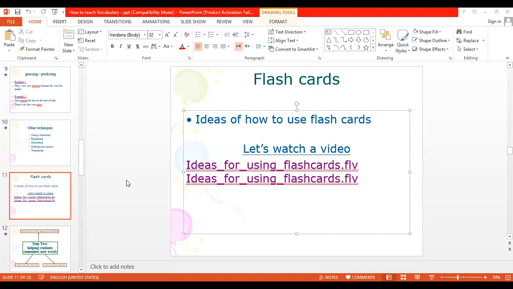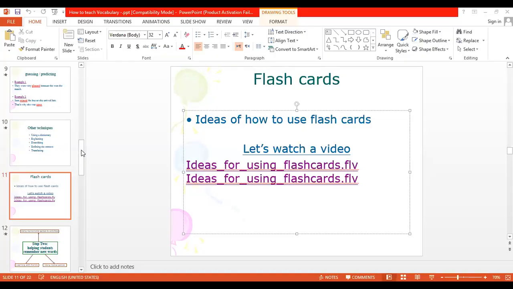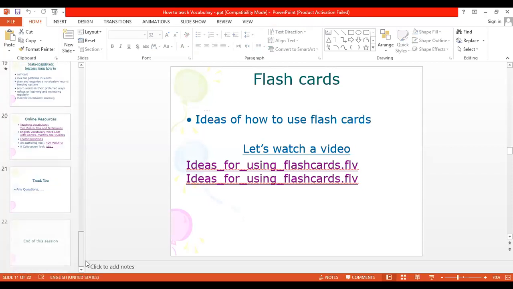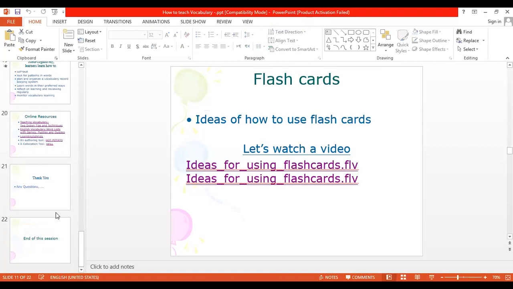For me, I am a big fan of using flashcards because I do believe that using flashcards is a very effective way of teaching vocabulary, and it could also be used in teaching structure and grammar, by the way. But sticking to the topic, I like very much the idea of dividing the students into groups and giving them names of animals or fruits or whatever, and asking them to raise their hands if they are an apple or an elephant.